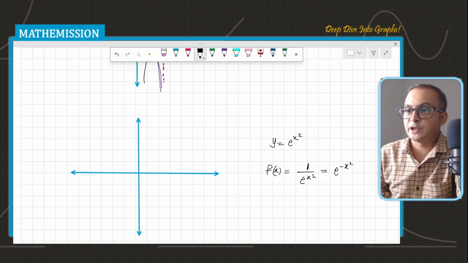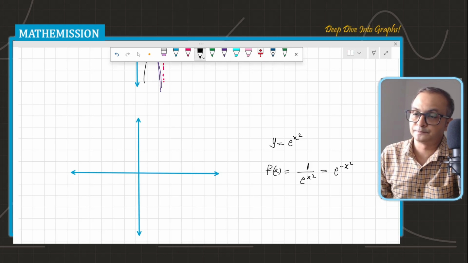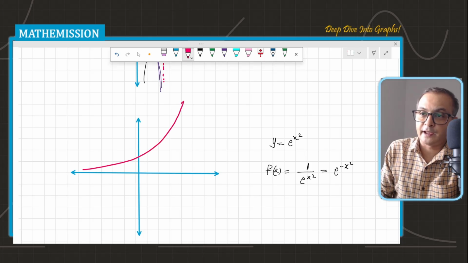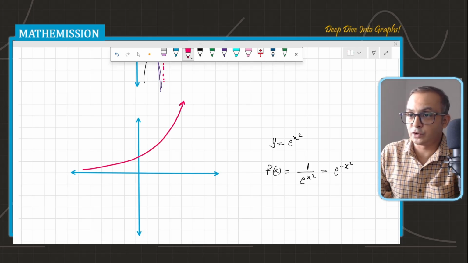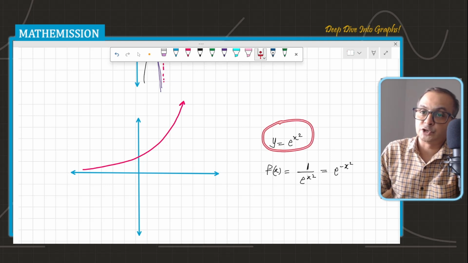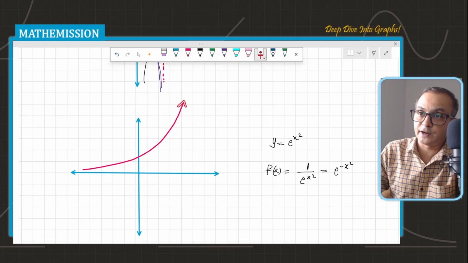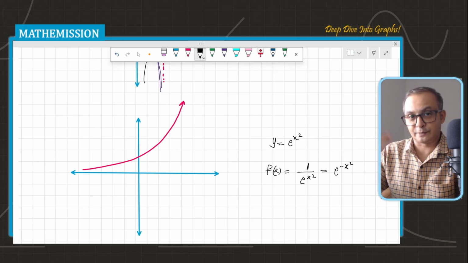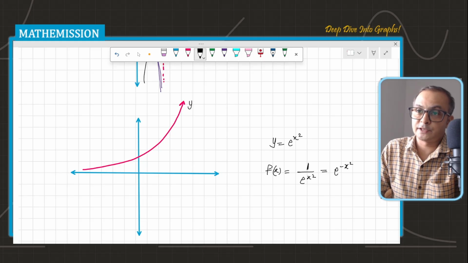So for this e to the power x square, how will the graph look? You know what the graph of e to the power x is first. So this is the graph of e to the power x I'm drawing, and my intention is to first draw the graph of e to the power x square by doing some visual analysis for e to the power x, and then we draw the reciprocal. So I have y equals e to the power x, this graph.